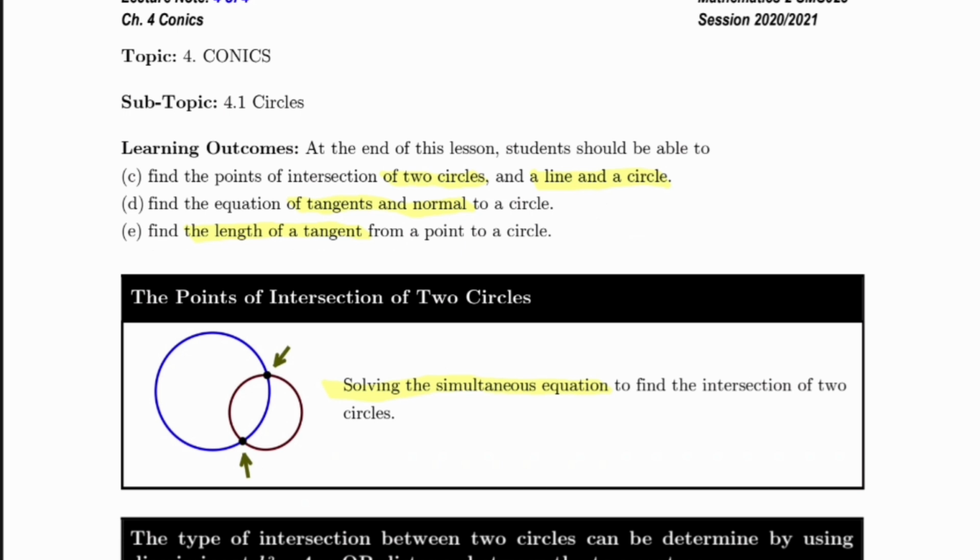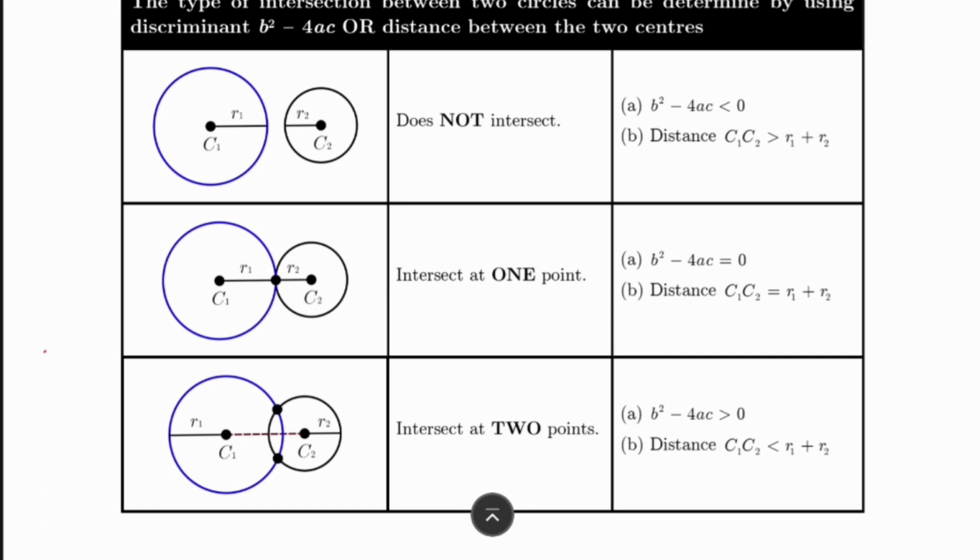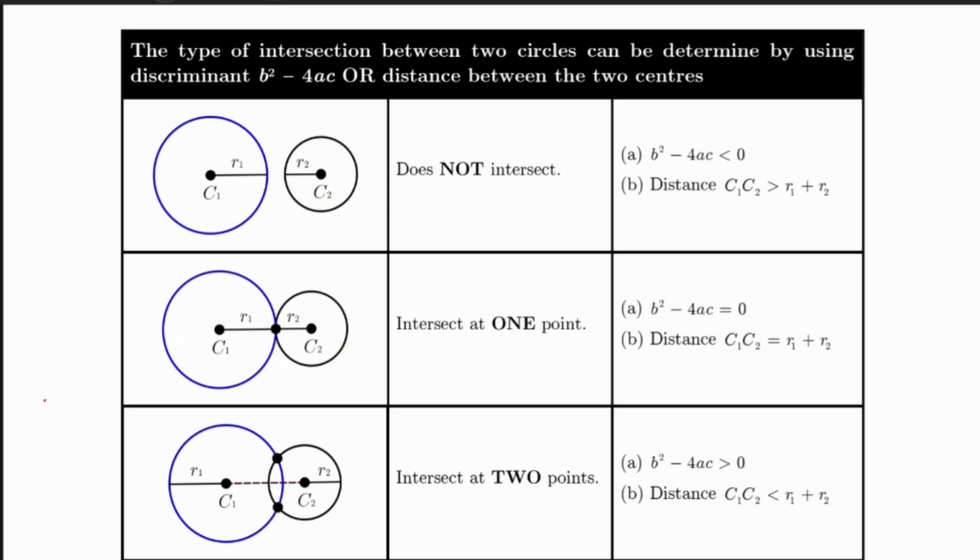So before we go further on calculation of the intersection point, let's take a look at the types of intersection. Your circles may not intersect each other, maybe intersect at only one point, or maybe intersect at 2 points. We can determine this by using the discriminant b squared minus 4ac.